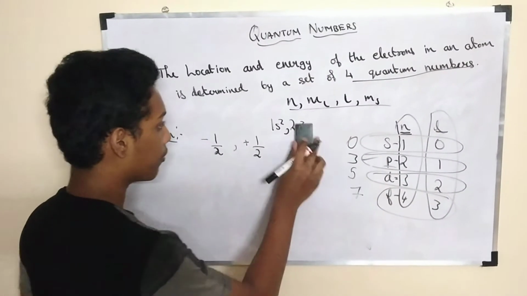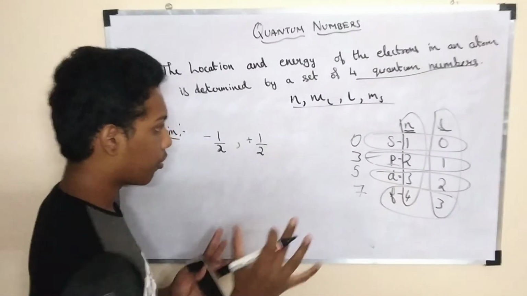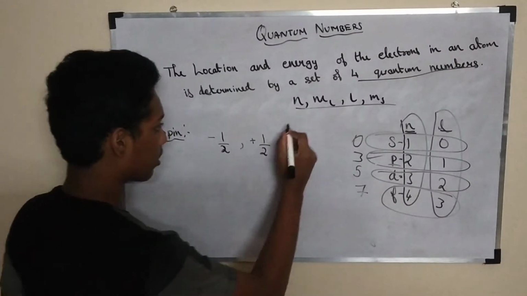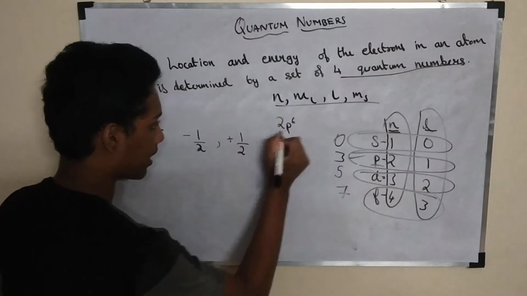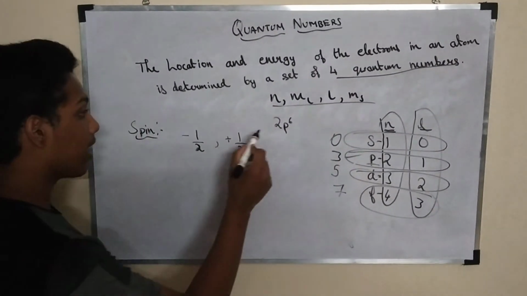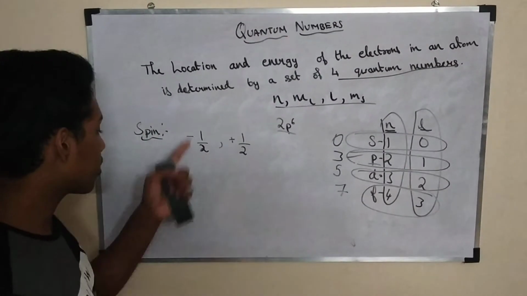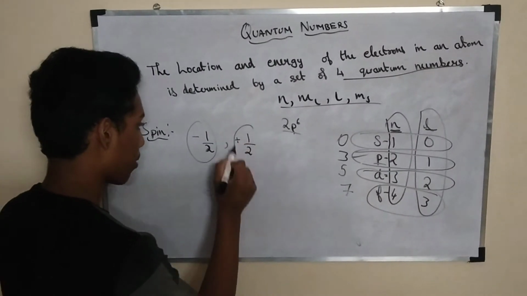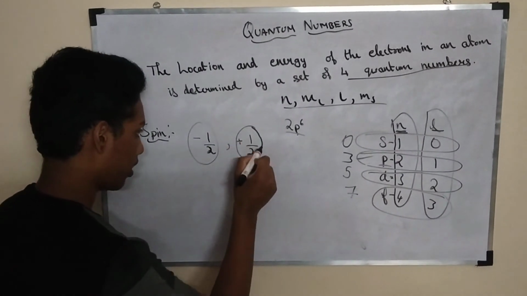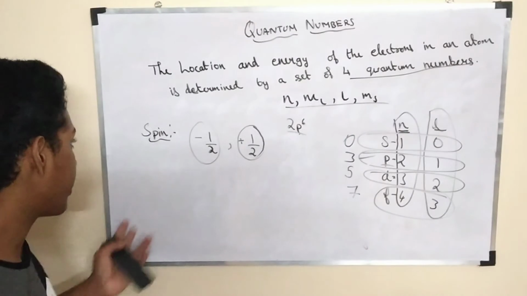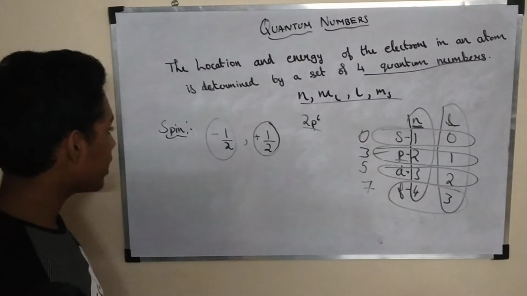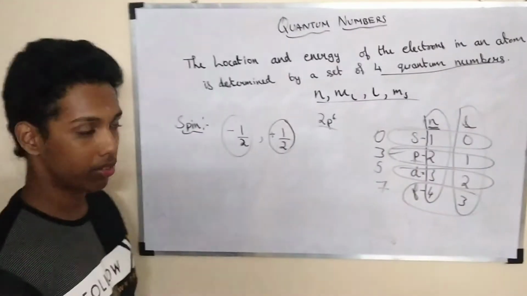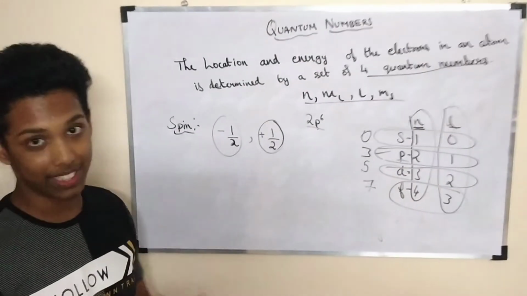Then you must mention whether it is minus 1 by 2 or plus 1 by 2. Later you will come to know how to determine it. But it'll have only these 2 values, minus 1 by 2 and plus 1 by 2. That's all you need to remember for spin, the easiest one.